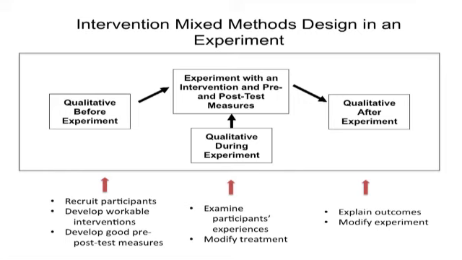From our experiment, we're going to have outcomes, p-values, confidence intervals, effect sizes. We'll know what our outcomes are, but we may want to explain them in more detail. So let's conduct some focus groups or interviews following our experiment to form that explanation.